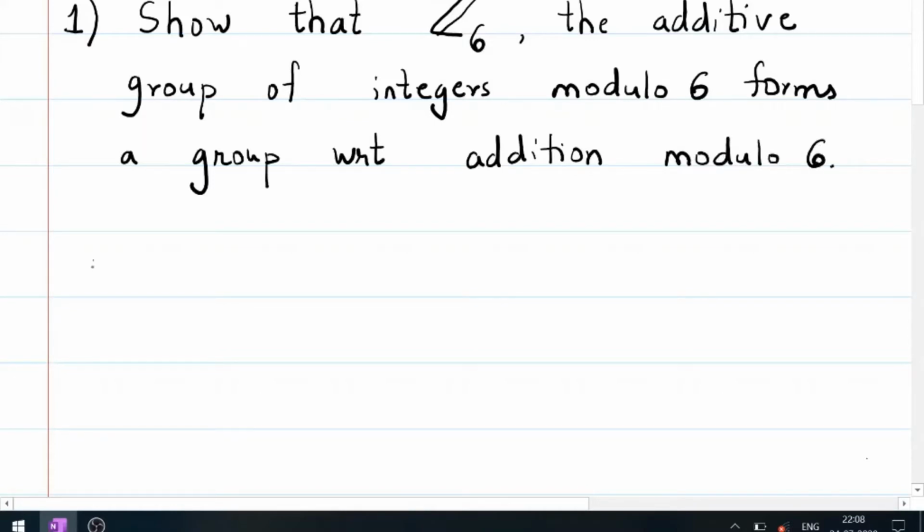So this group is actually denoted by Z6.